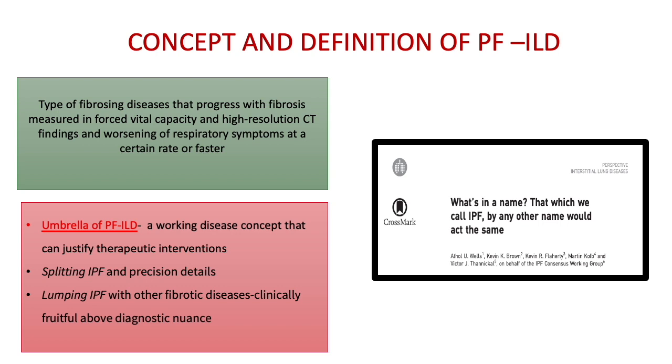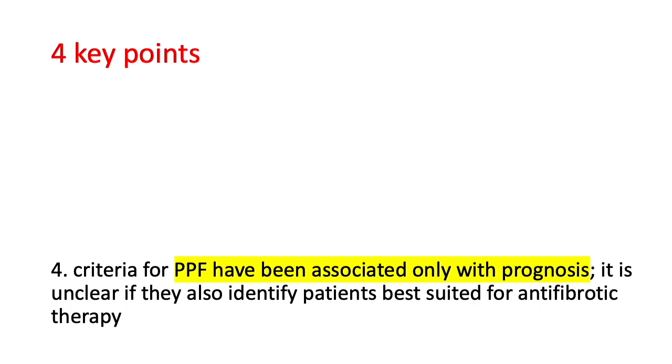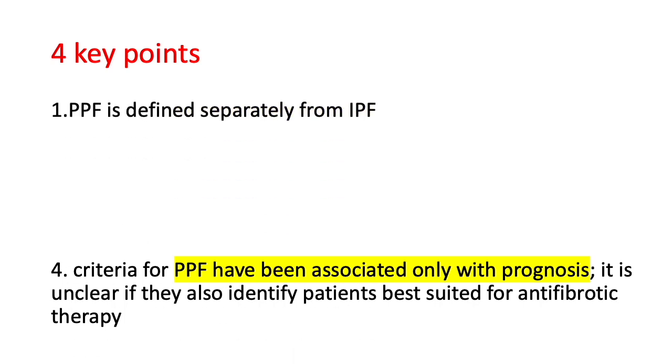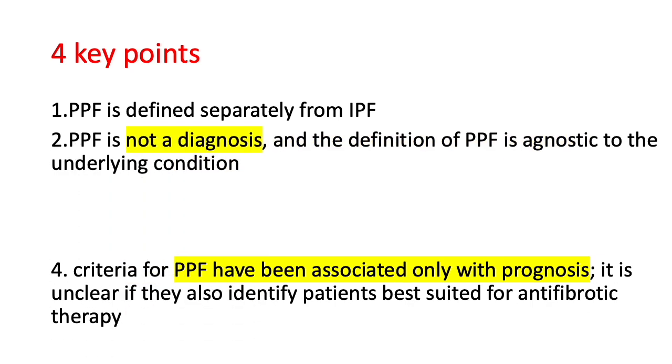So this concept of not splitting IPF but rather lumping IPF with other fibrotic diseases came in the form of the term PF-ILD, or progressively fibrosing ILDs, which was a huge umbrella term. Now in this PF-ILD, these entities or the PPF entities are non-IPF diseases.